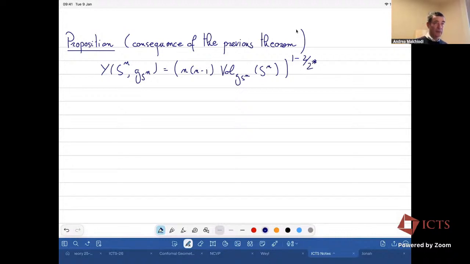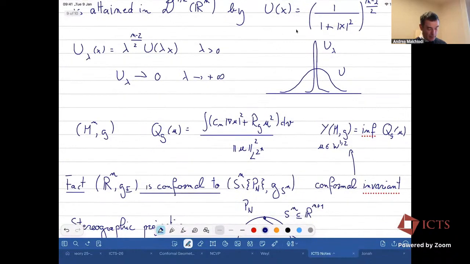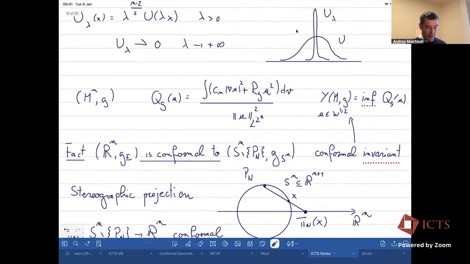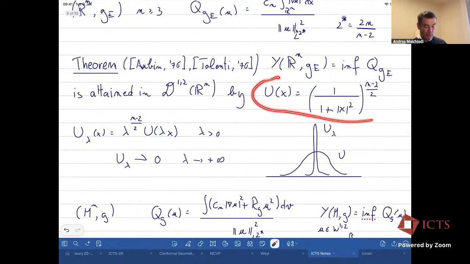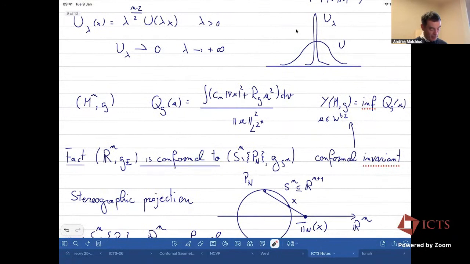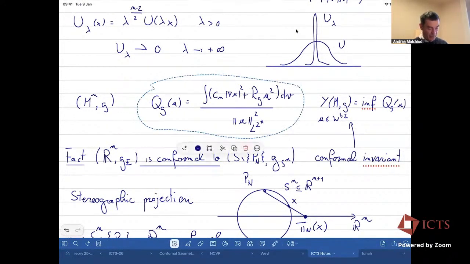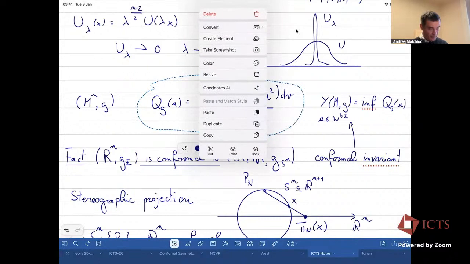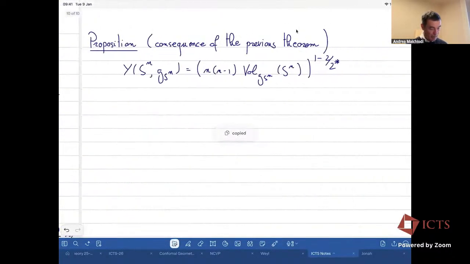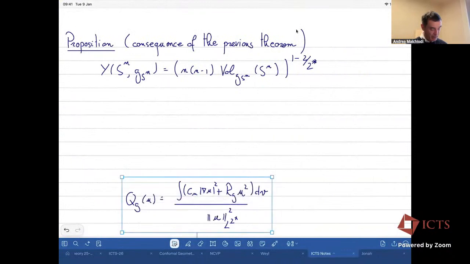So to see this fact, in fact, you can use the stereographic projection to bring those solutions in R^n, which were given by this formula, to the sphere. Okay, and so let me copy the Yamabe quotient. So I just report it to the next page.